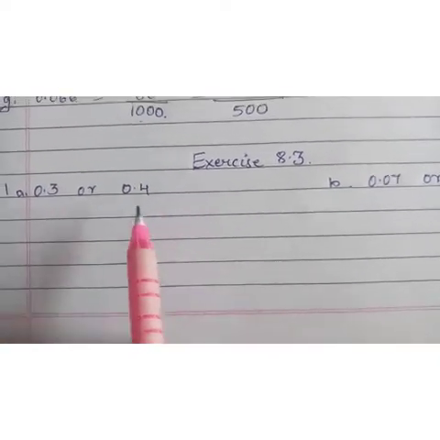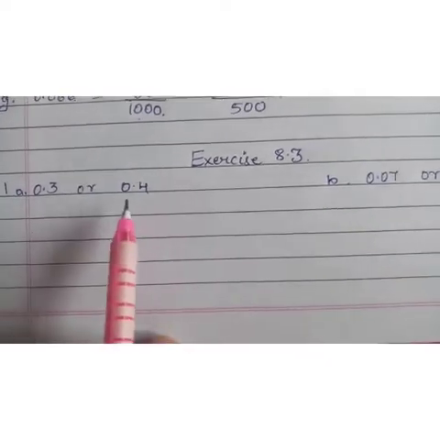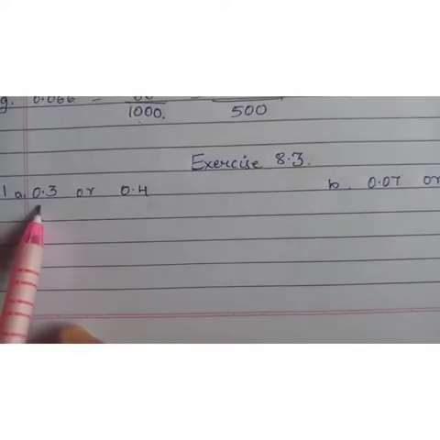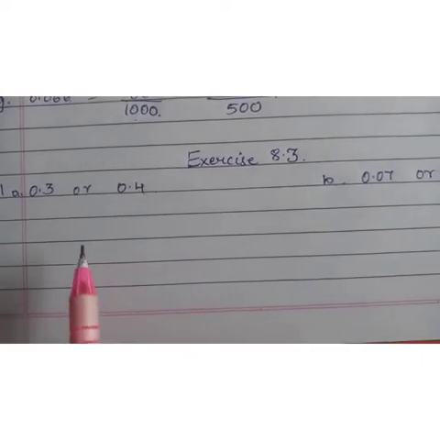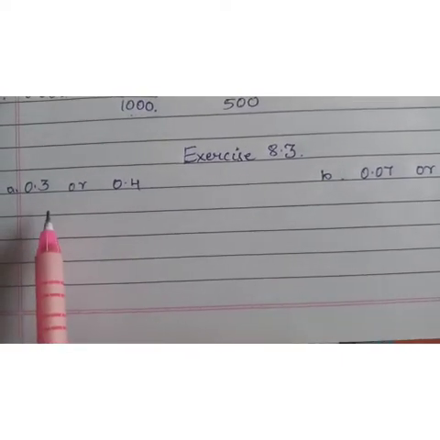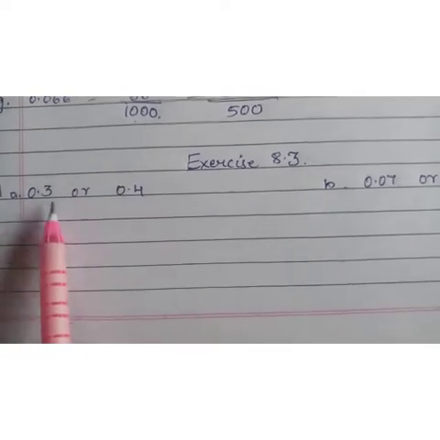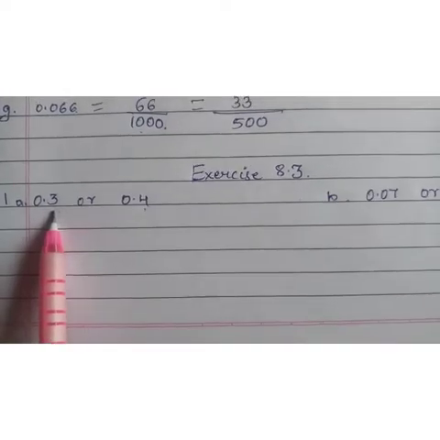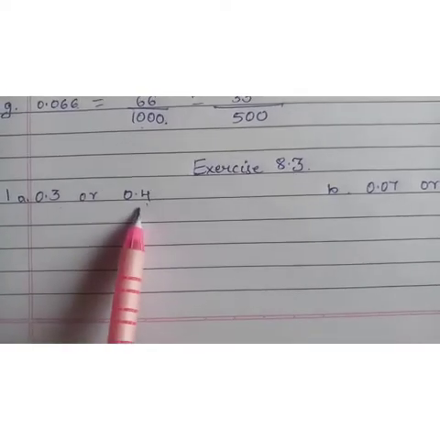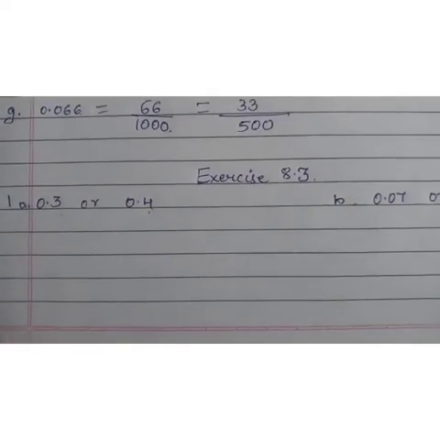So you can say that 0.4 is greater than 0.3. So you can write the statement as: the whole part is same, whereas in the 10th part, 4 is greater than 3. Hence 0.4 is greater than 0.3.